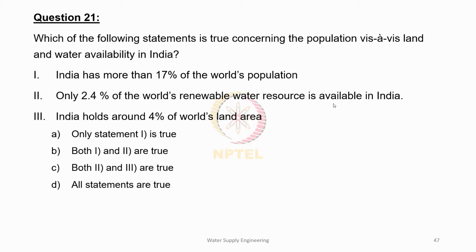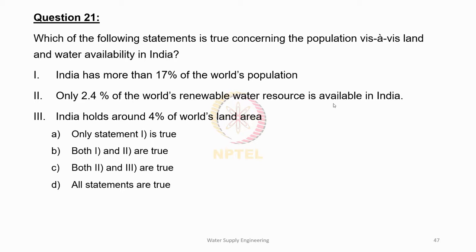Which of the following statements is true concerning the population vis-a-vis land and water availability in India? Statement 1: India has more than 17% of the world's population. Statement 2: Only 2.4% of the world's renewable water resource is available in India.